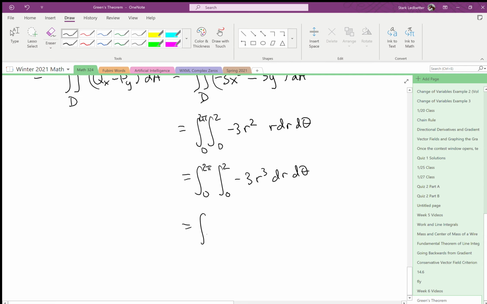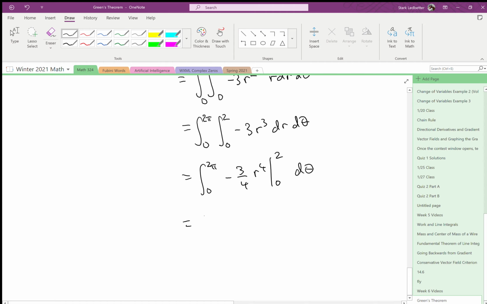So that's the integral from 0 to 2 pi of minus 3/4 r to the 4, evaluated from 0 to 2, d theta. 2 to the 4 is 16, divided by 4 is 4, so minus 12 minus negative 0 is easy.